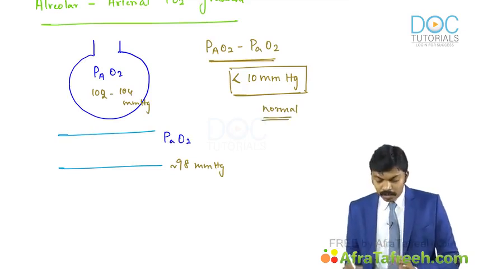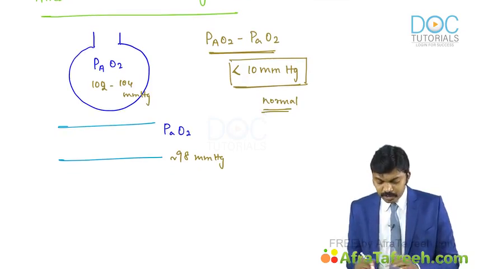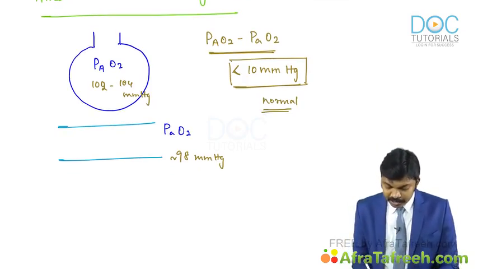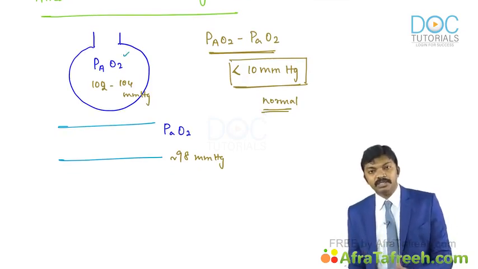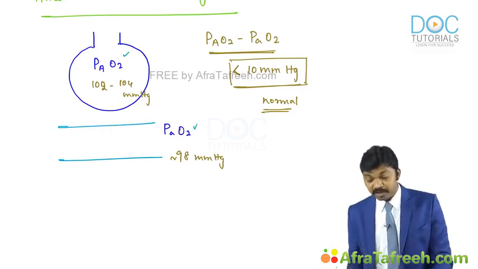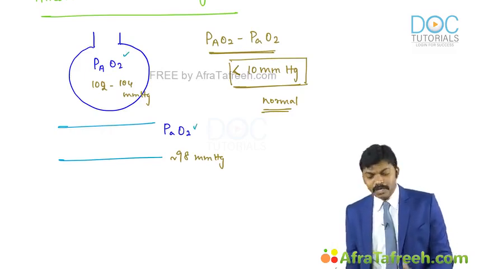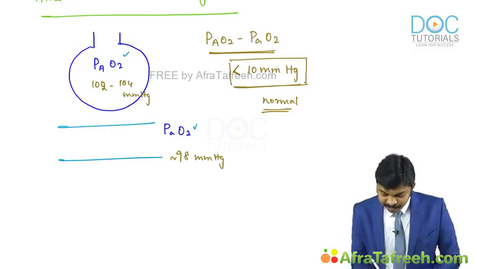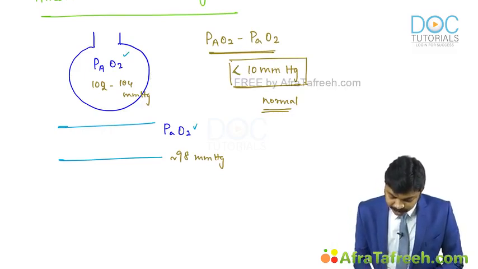Right? Now, normal gradient, what does this tell you? This indicates partial pressure of alveolar oxygen is going to be normal, partial pressure of arterial oxygen is going to be normal. This indicates you have a perfectly functioning diffusion mechanism.